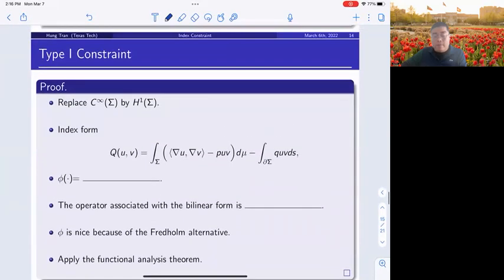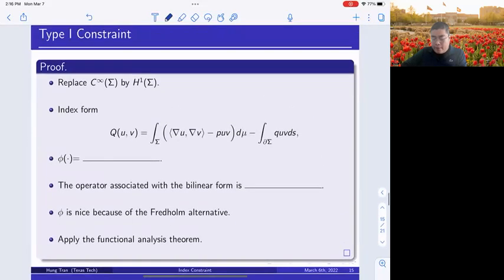So the proof is given as follows, and it's going to be the only proof that you see in this talk. So first of all, we replace the space of smooth functions by the Hilbert space H1 of sigma, and C infinity of sigma is dense in H1 of sigma, so it can be shown that this replacement doesn't change any index.